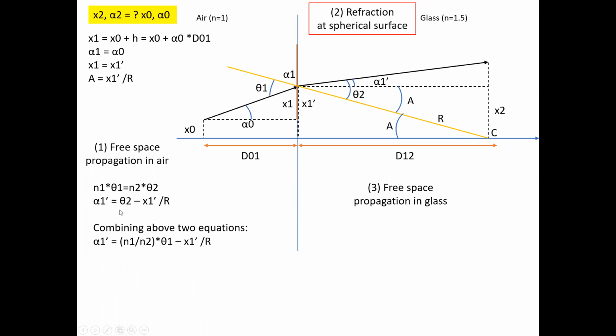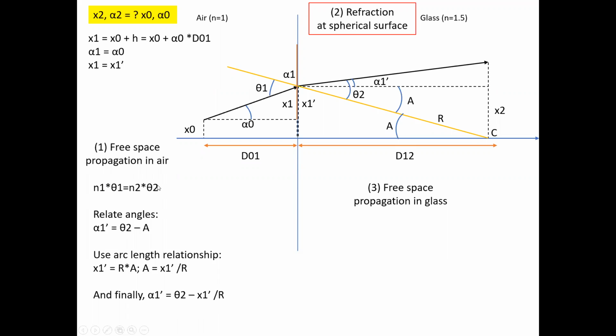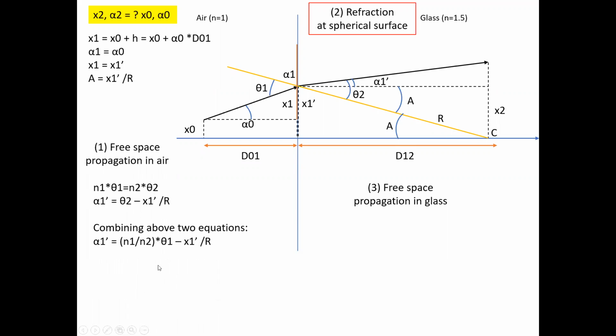So now we have the Snell's law equation, which was here, n1 θ1 equals n2 θ2, and an alpha 1 prime equation over here. So these are summarized in here, and we combine these two equations, basically replace θ2 from the above equation. So θ2 equals n1 over n2 times θ1. So I replace that with n1 over n2 times θ1 minus the second term x1 prime over R.